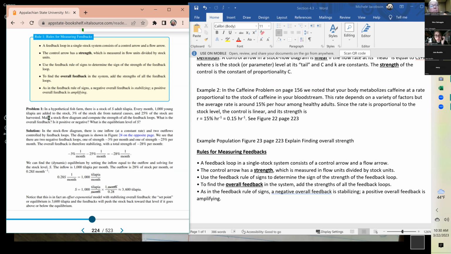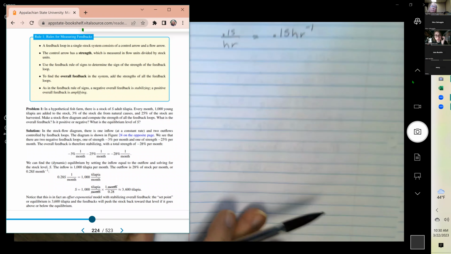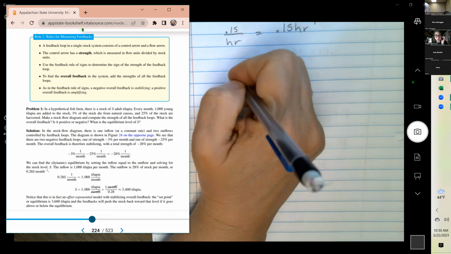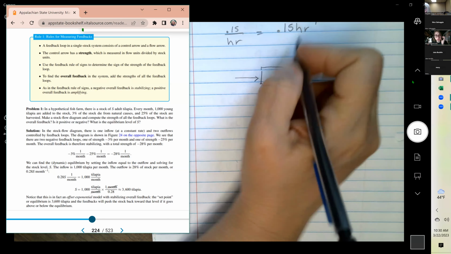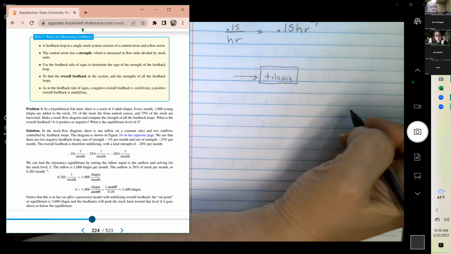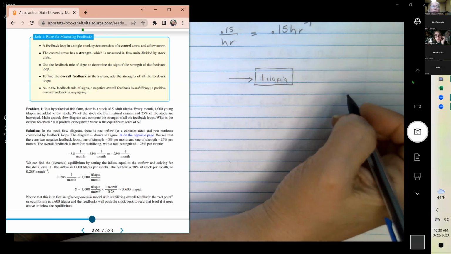So first of all, we have fish coming in. There's a stock. So our stock is the tilapia. Oh, I guess they have it on here.